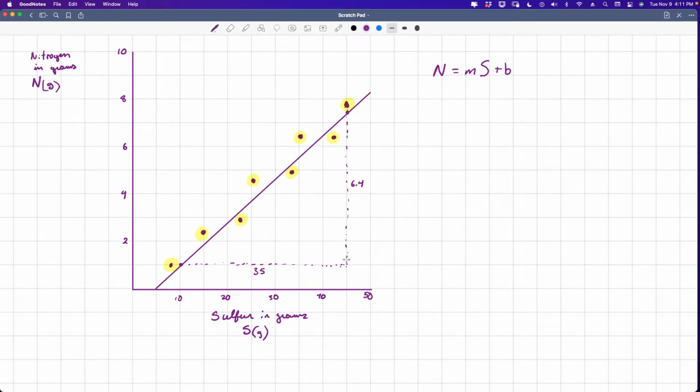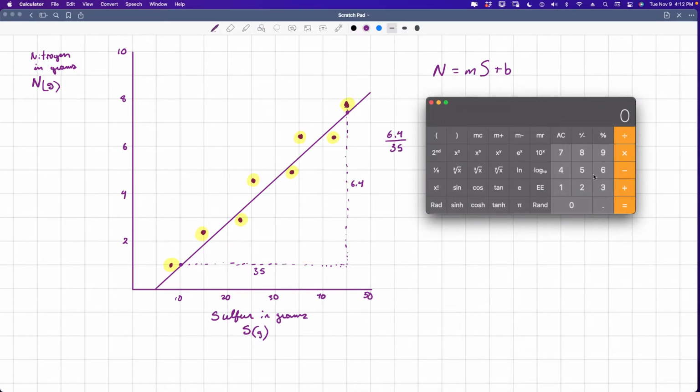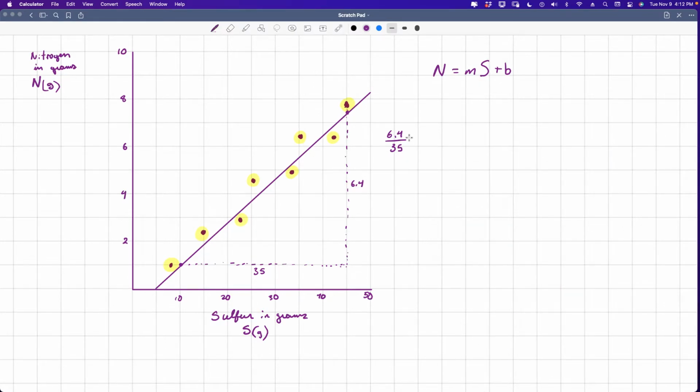So now our y is 6.4, so our slope is going to be 6.4 over 35, or divided by 35. We'll just use our calculator and calculate 6.4 divided by 35. That's 0.18. We'll round it to 0.18.